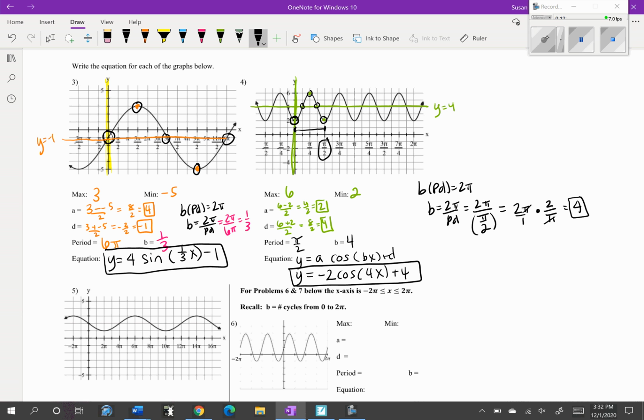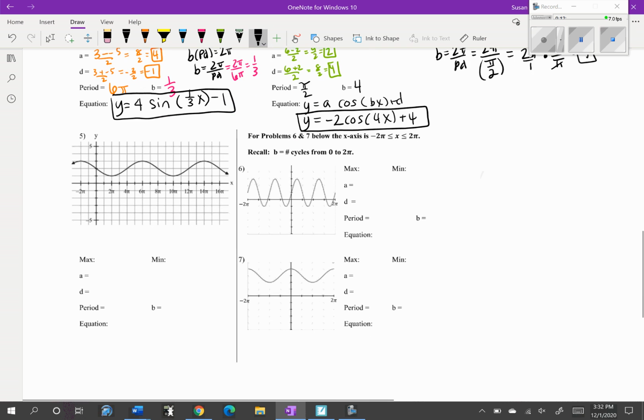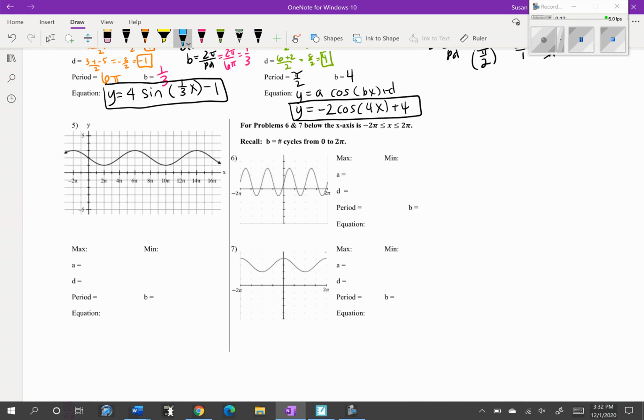All right, so let's go ahead and look at question number 5. For question number 5, same thing, same process. So my maximum and my minimum. So my maximum is at 3, sorry. And my minimum is at 1.